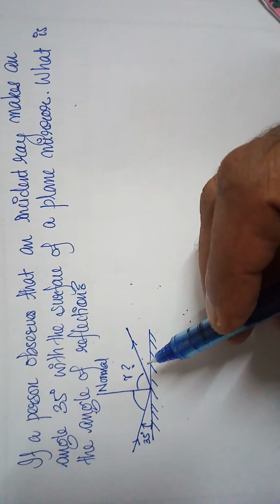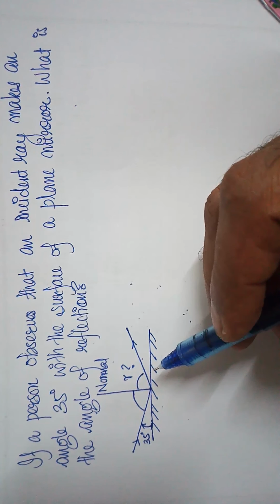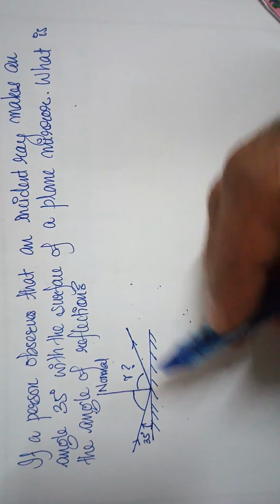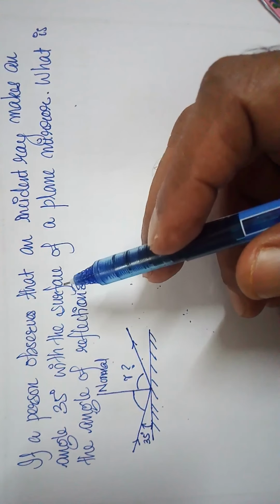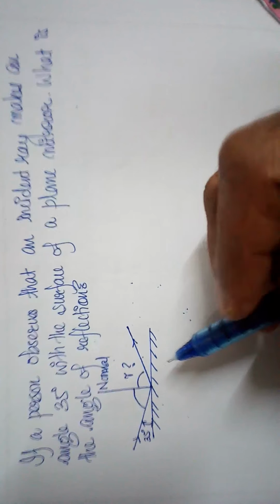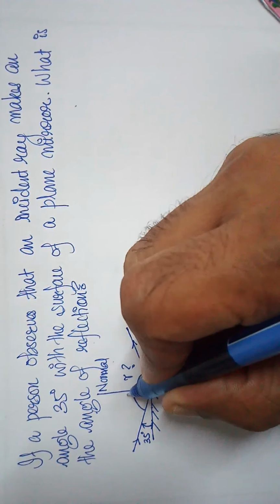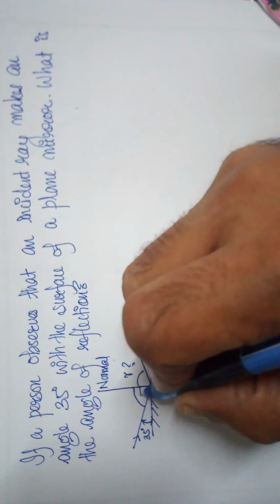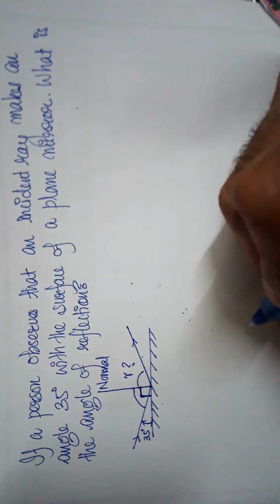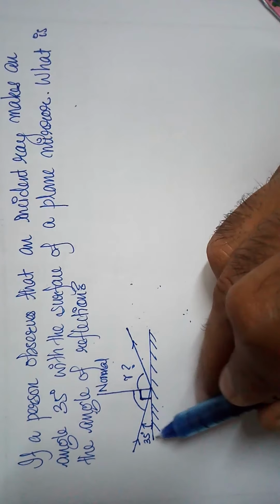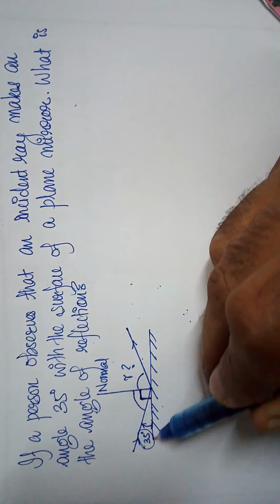And what we know by learning the law of reflection, the angle of incidence is equal to the angle of reflection. A normal has been made at 90 degrees from the surface of the mirror.